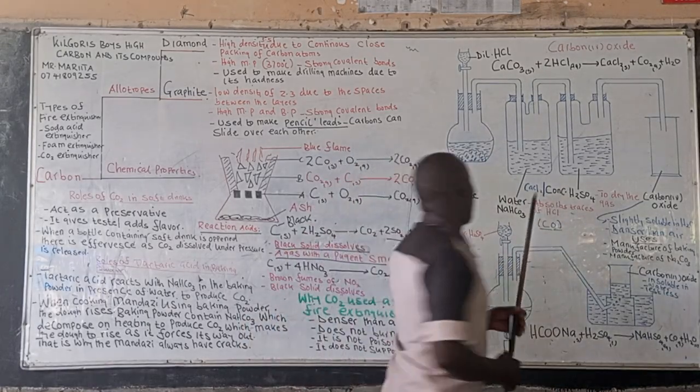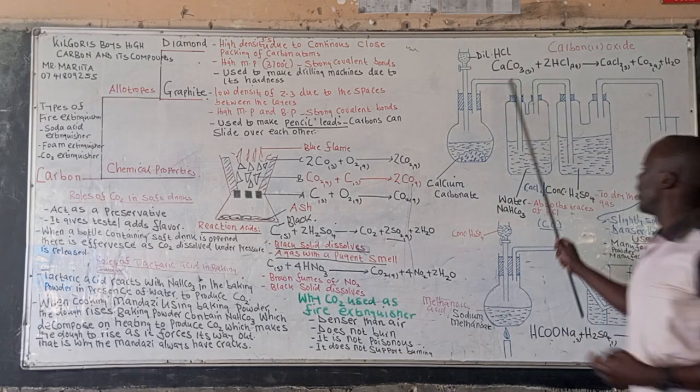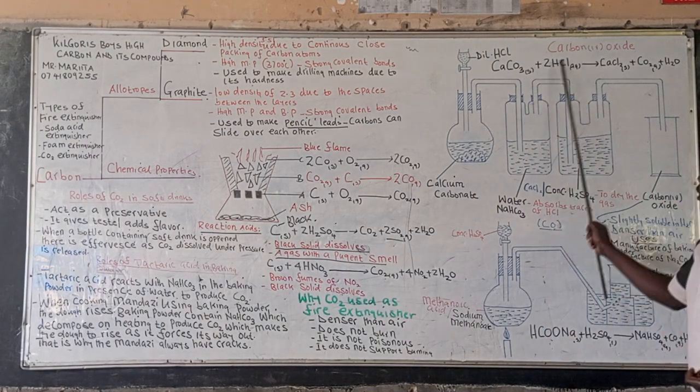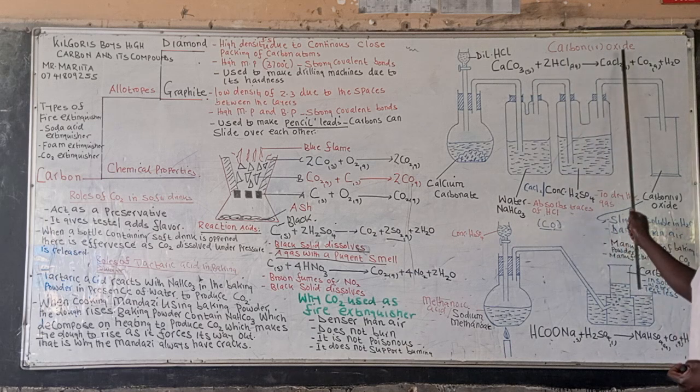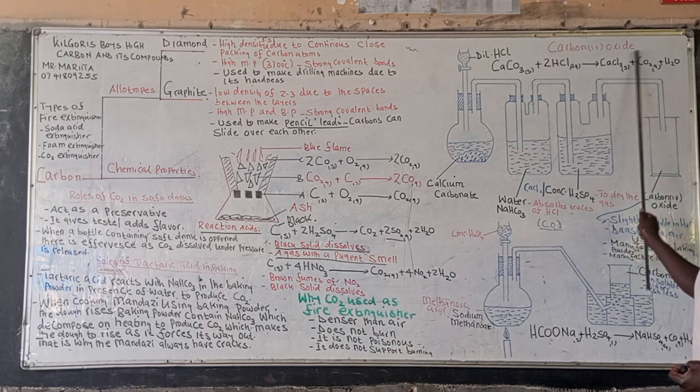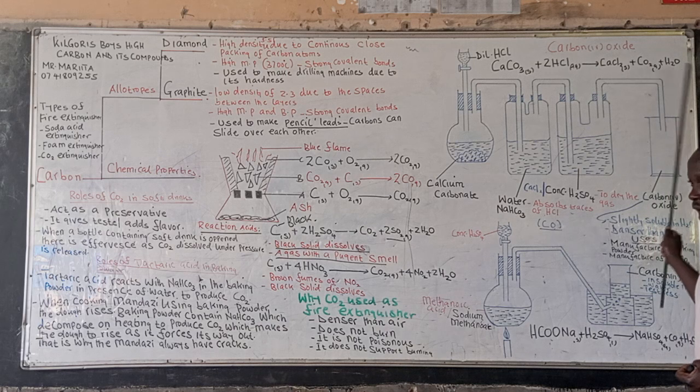What you need to understand during the reaction is that calcium carbonate will react with the dilute hydrochloric acid. We have calcium chloride, carbon dioxide gas, and of course water.